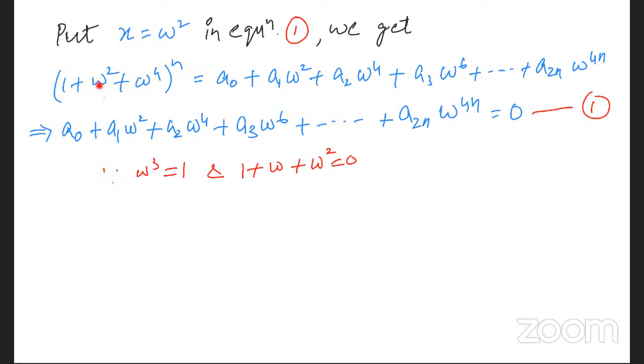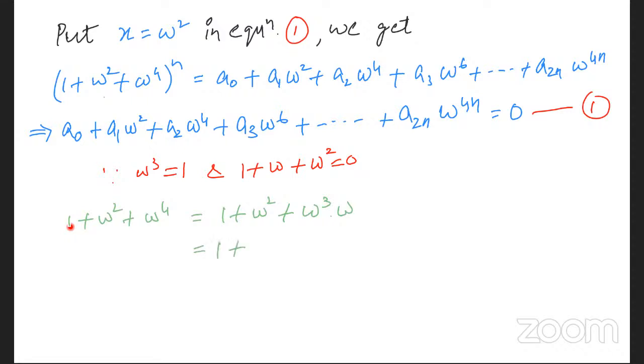If you look at this, we have 1 plus omega square plus omega to the power of 4. Omega to the power of 4 can be written as omega cube into omega.